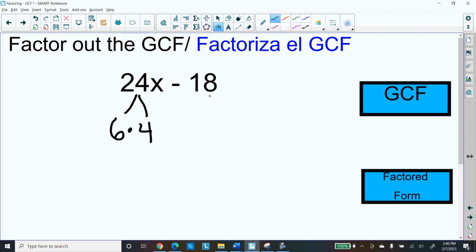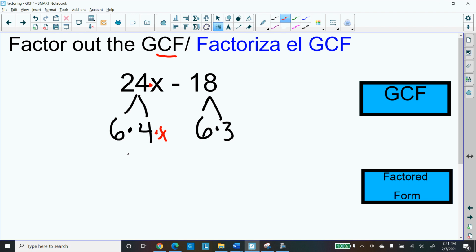Well, I know 18 is 6 times 3. I also have an additional x here that's being multiplied by the 24. So let me bring that down so I can see all the factors that I have listed, using 6 and 4 times x. Now I'm looking for the C, common factor.